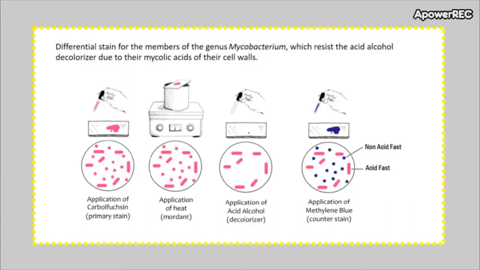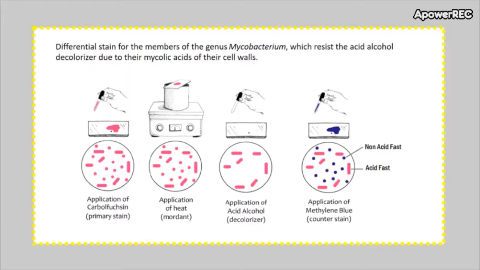The process is like we see here in this image. First, we apply our primary stain, the carbol fuchsin, and then we put that slide under heat, usually a moist heat so it doesn't get too dry. And this serves as a mordant for that carbol fuchsin.